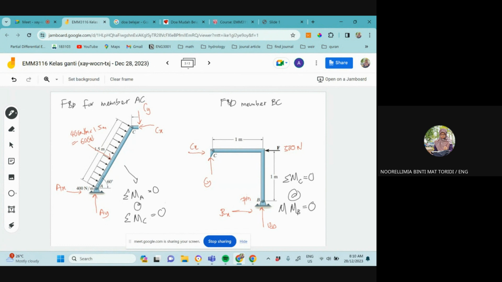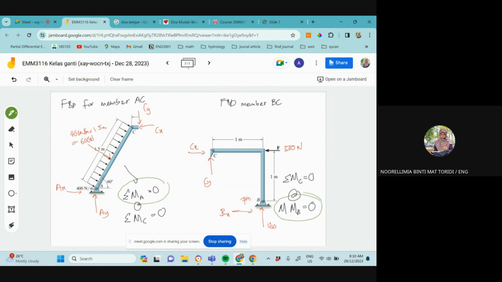Let's say in this case we pick the first one. Tak kisah, you can choose whatever you want. So let's say we choose this one.